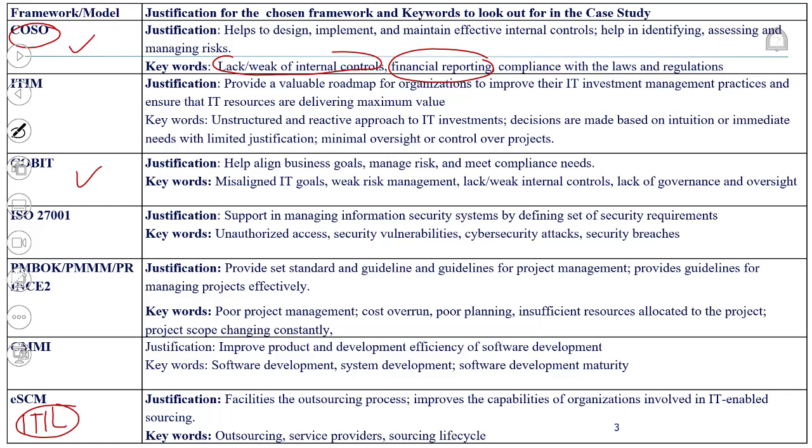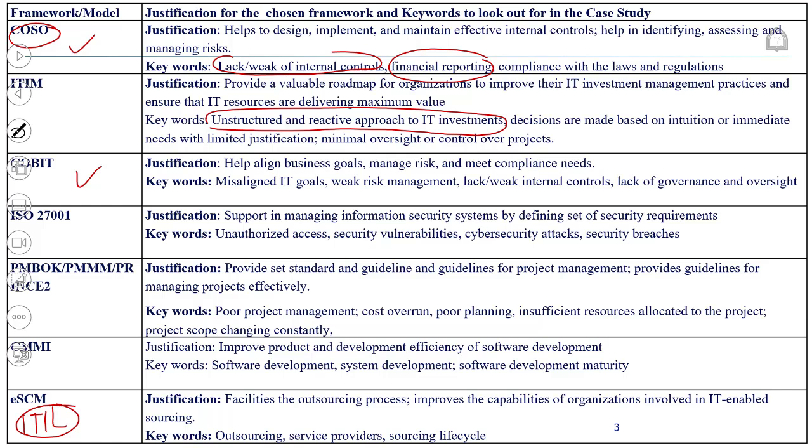ITIM is something that you've already covered, and I think it was tested quite heavily in the other exams that we did. One of the things that tells you there's a problem with IT investment in an organization is if the IT investments are ad hoc, in other words, unstructured. Somebody from the sales department says, I want this particular system, and it is bought.